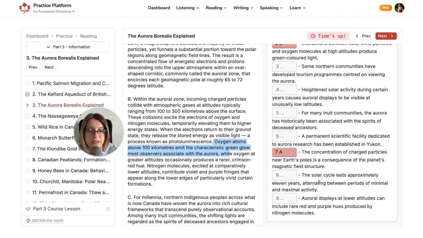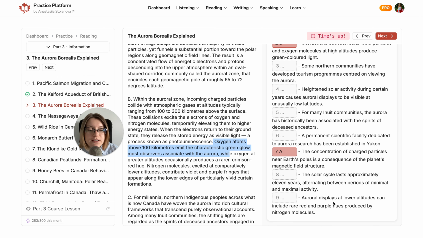So we have statement 9. Auroral displays at lower altitudes can include rare red and purple hues produced by nitrogen molecules. Take a look here. We had nitrogen molecules as the key word, and we also have the colors, violet and purple fringes. And then what else?